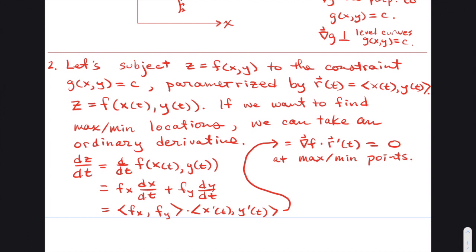Okay, so this tells us that the gradient of f is perpendicular to r prime of t at max min points.